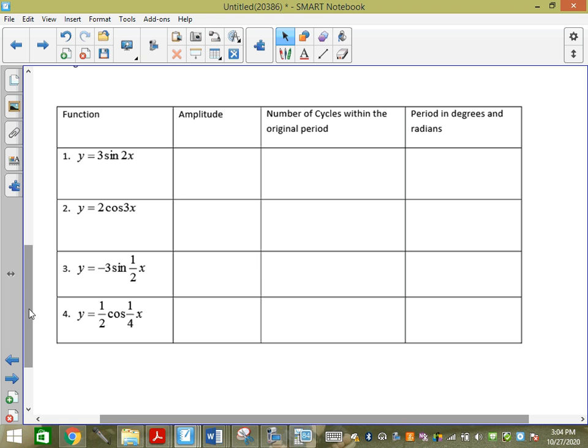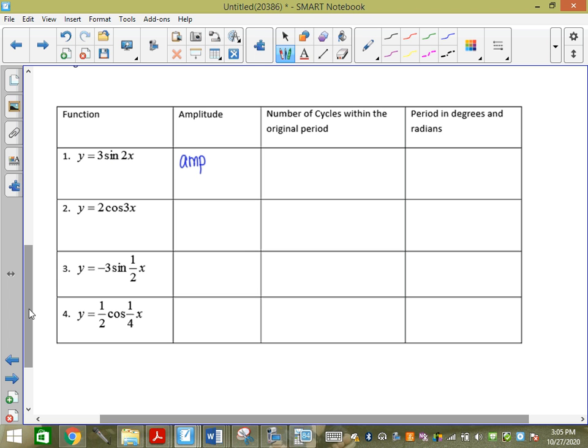So how do I get the amplitude from an equation? How do we get the amplitude from an equation? You have a formula sheet in front of your face that tells you how to. Yeah? It's the absolute value of A. So often in a graph you do max minus min, absolute value, divided by 2, but off an equation, it's literally just the absolute value of A. So the amplitude for this one, don't write amp on a test.